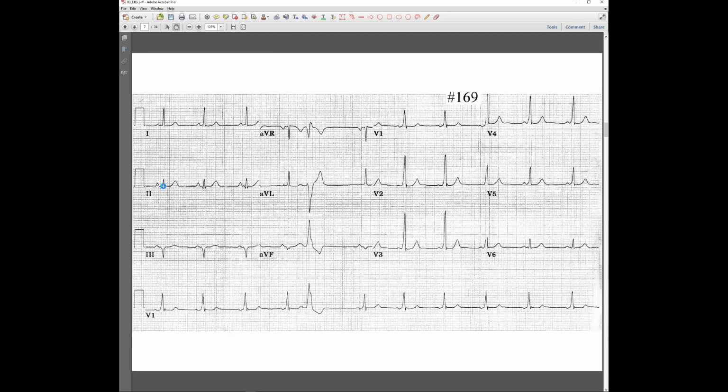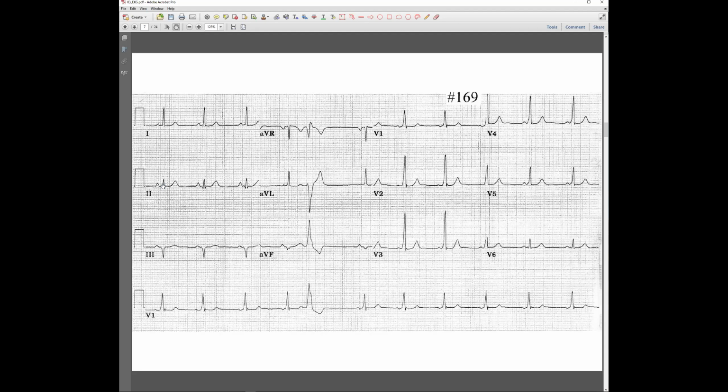The PR is short. Mm-hmm. And you can see something at the beginning of this QRS complex. A little delta wave. Oh, I can see. Yeah.